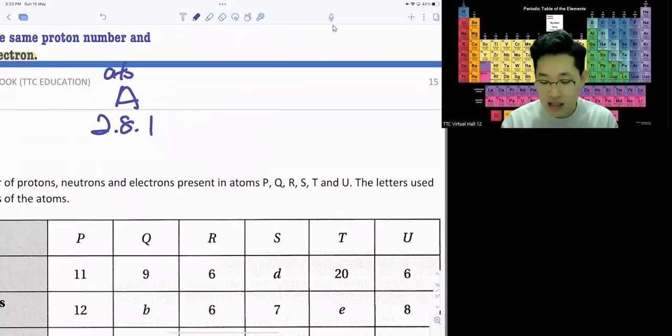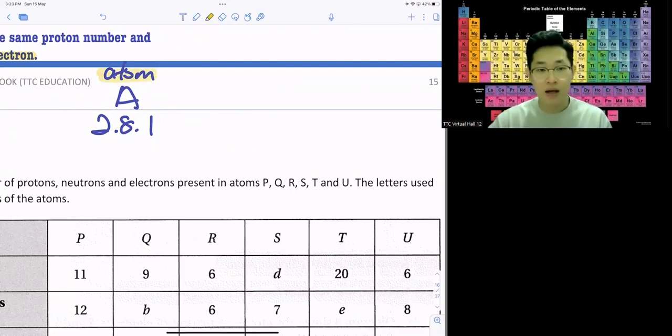This is the electron arrangement of an atom. But then the question can ask you electron arrangement of ion. What is the meaning of ion? Have anyone done this kind of question before? And do you know the difference between atom and ion?